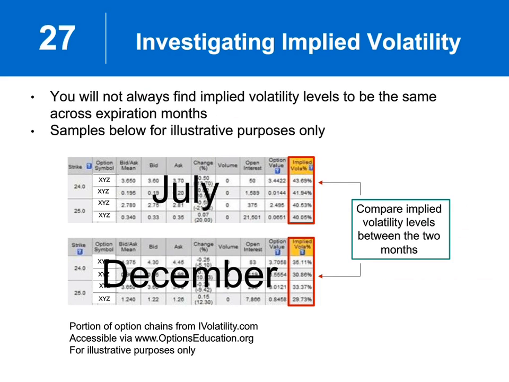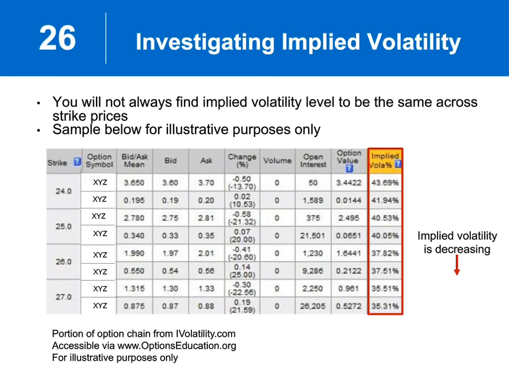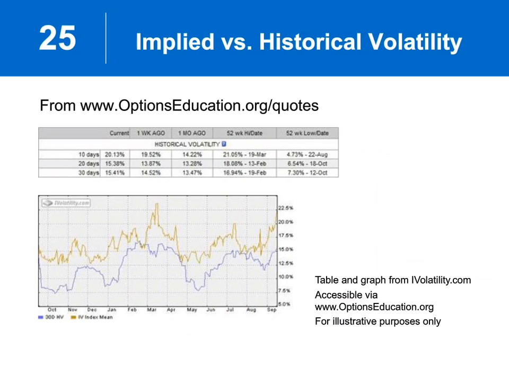Going back to these implied volatility charts, look at the tan line. I think we've got lows in the mid-teens, highs in the low 20s. So it's a heck of a percentage, but that's 5, 6, 7 point changes in implied volatility.